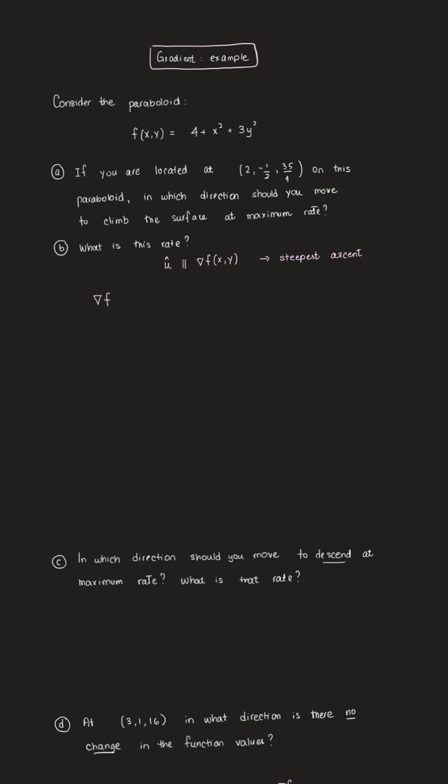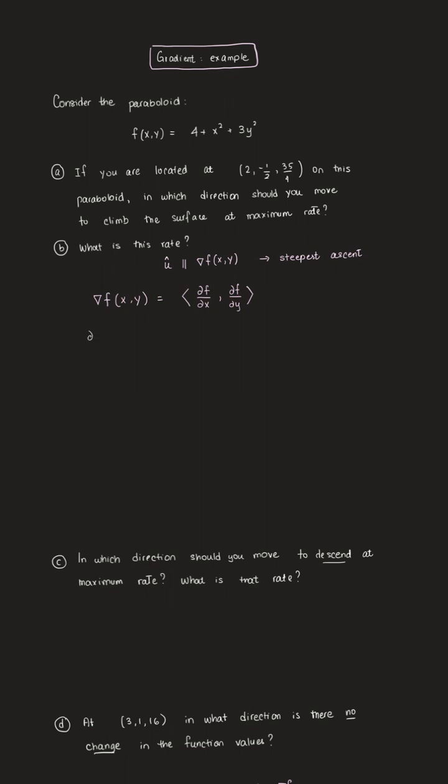So let's find our gradient, and then we'll find the gradient at the specific point 2, negative 1/2, 35/4. So recall that the gradient is a vector in 2 dimensions for our surface in 3 dimensions that gives us the partial derivative with respect to x and the partial derivative with respect to y.